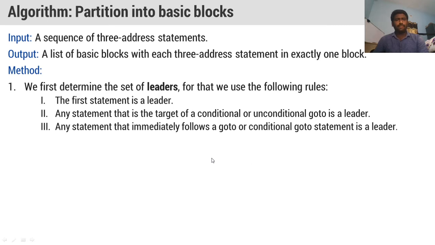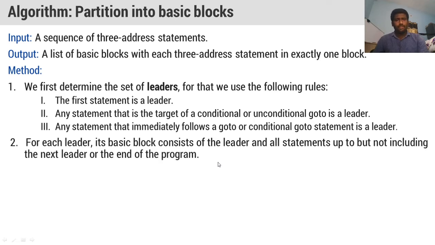So we have three rules here. The first statement is always a leader. Any statement that is the target of a conditional or unconditional goto is a leader. A statement that follows a goto or conditional goto statement is also a leader. For each leader, its basic block consists of the leader and all the statements up to but not including the next leader or end of the program.